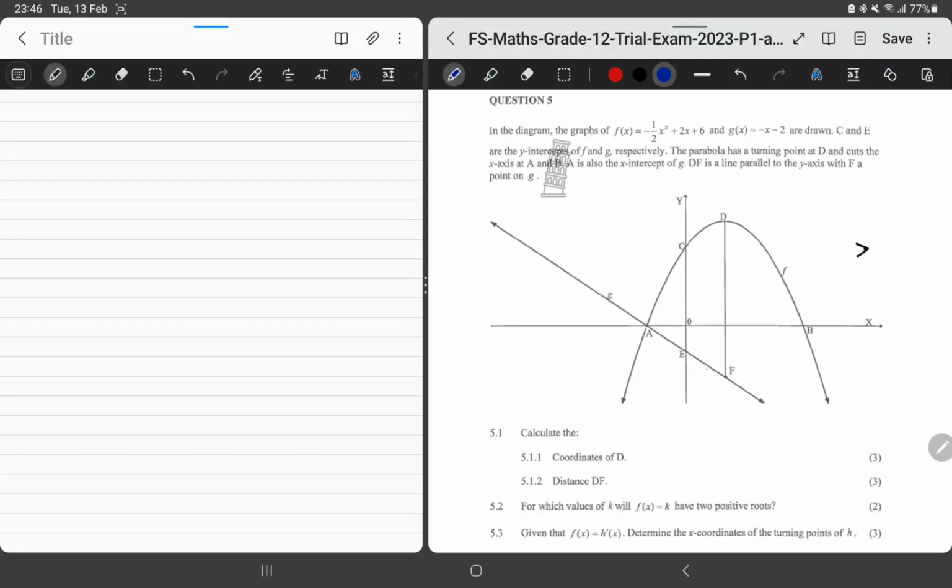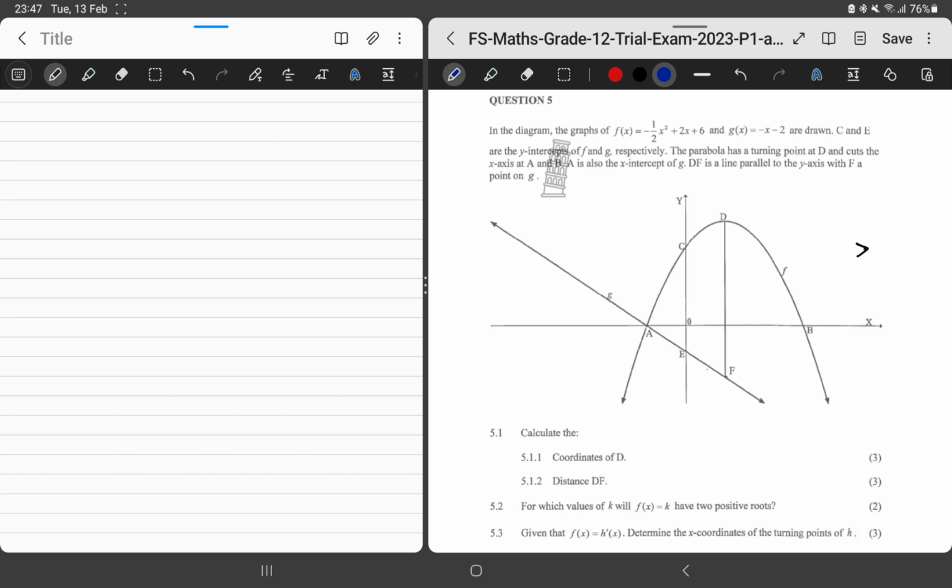Reading this question from the Free State, September 2023. In the diagram, the graphs of f and g are drawn. C and E are the y-intercepts of f and g respectively. The parabola has a turning point at D and cuts the x-axis at A and B. A is also the x-intercept of g.